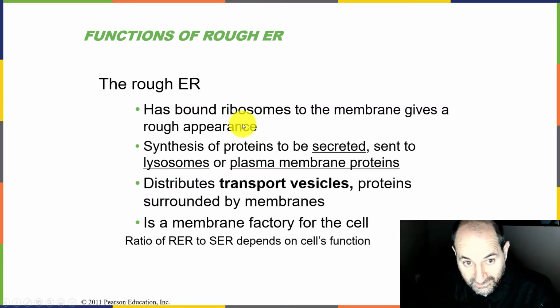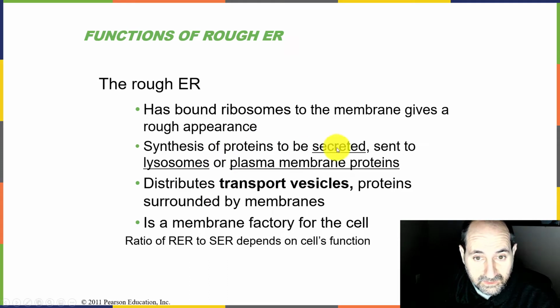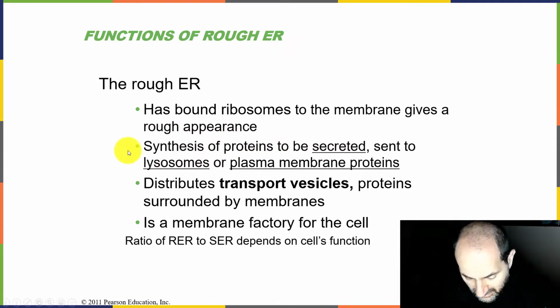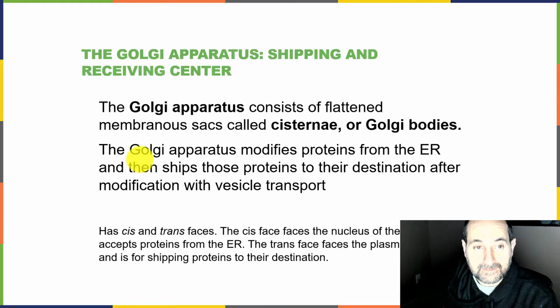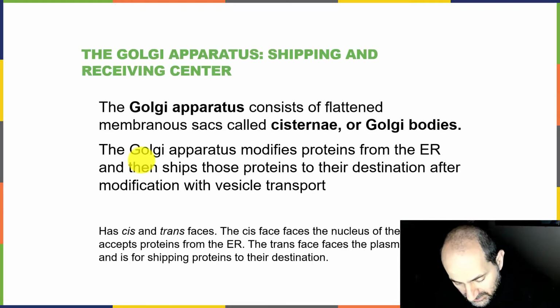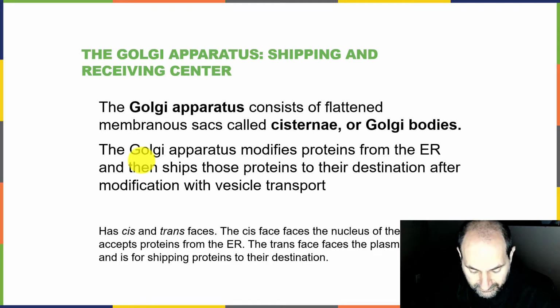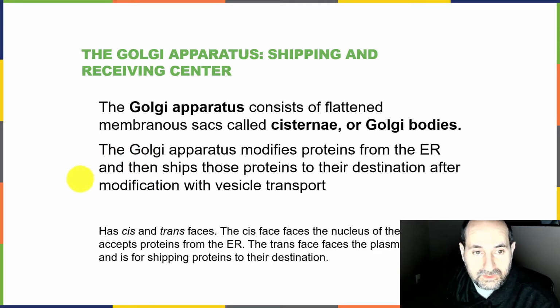And what about the rough ER? The rough ER is the place where proteins are synthesized. So the rough ER is a location in the cell where proteins are synthesized. I want you to know that. And what about the Golgi apparatus? I want you to know about the Golgi.